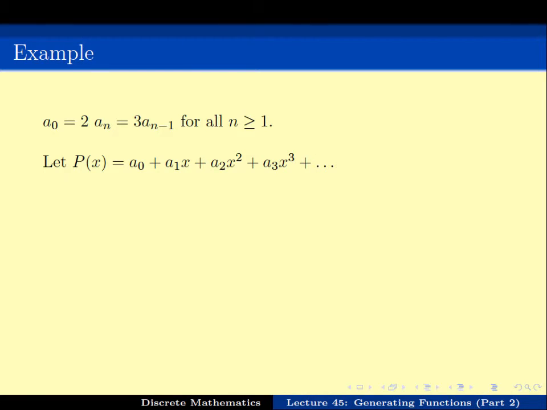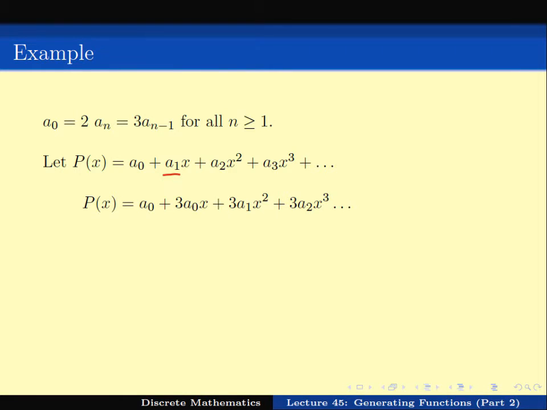If I write the polynomial P of x as a0 plus a1x plus a2x square plus a3x cube and so on, then since I know that for all n greater than or equal to 1, an equals 3 an minus 1, I can write a1 as 3 times a0, a2 as 3 times a1, a3 as 3 times a2 and so on.